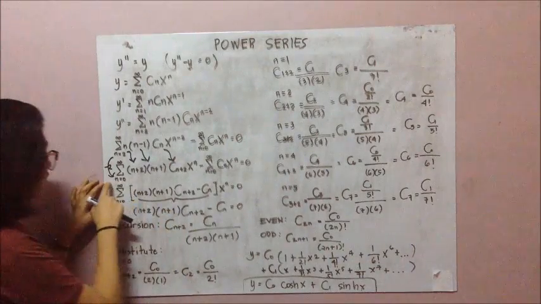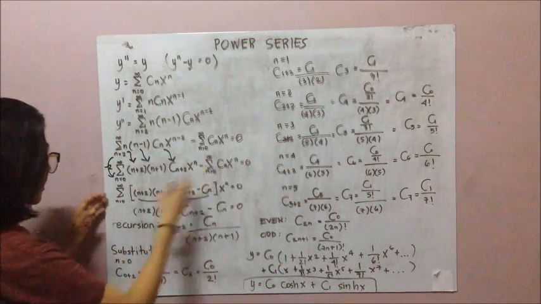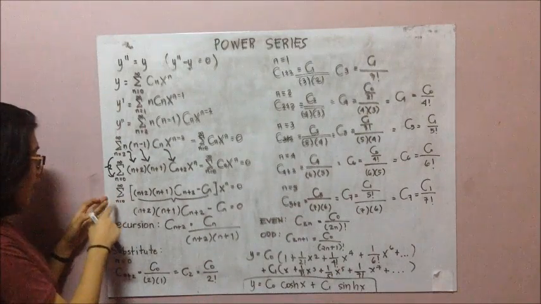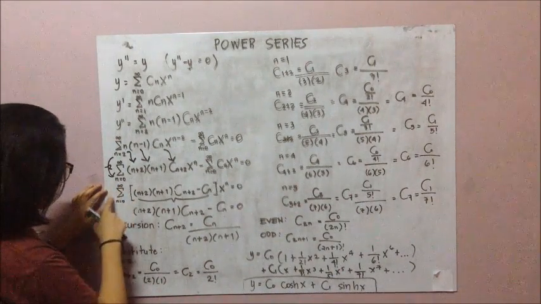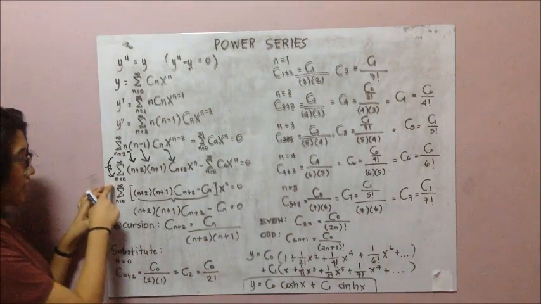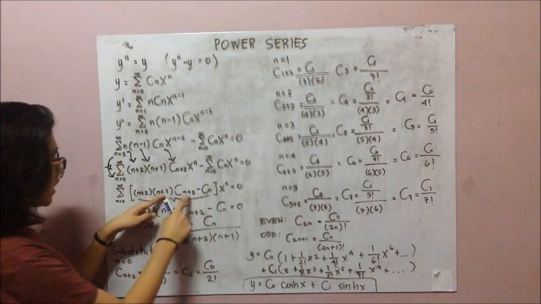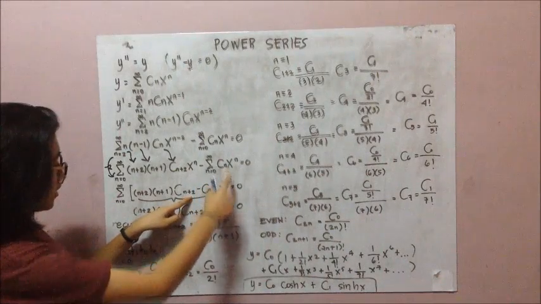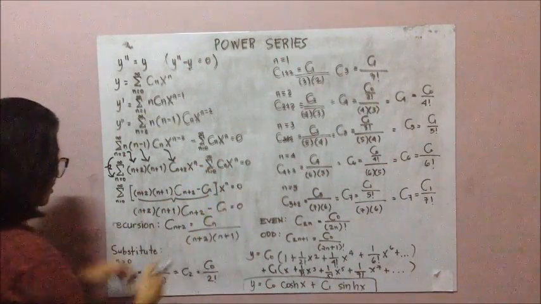Since we have the same index in both expressions, we can now factor out the summation n equals 0 approaching infinity. So we have the summation n equals 0 approaching infinity of ((n plus 2) times (n plus 1) c_(n+2) minus c_n) times x raised to n equals 0.